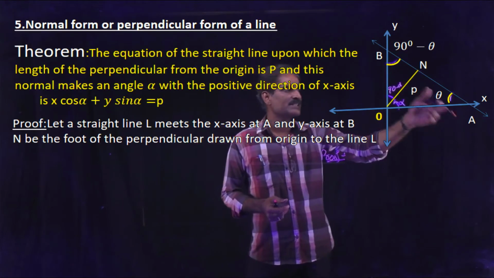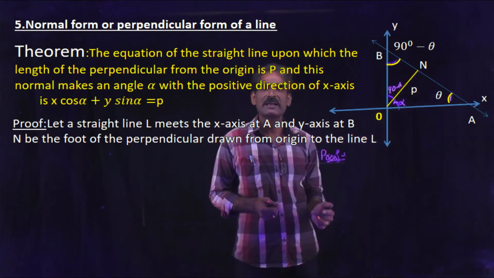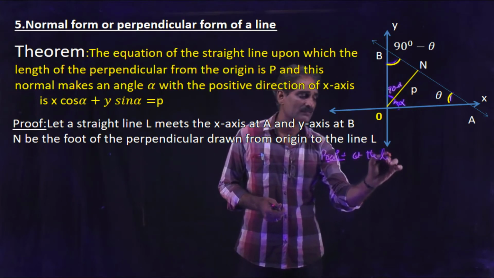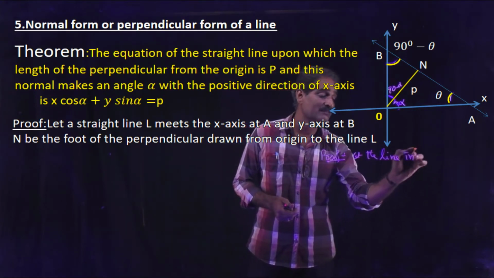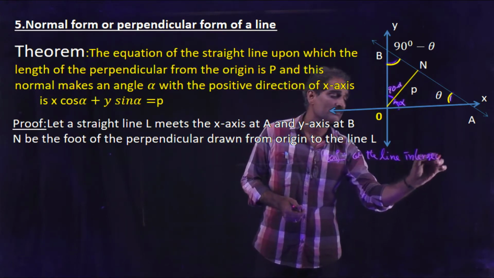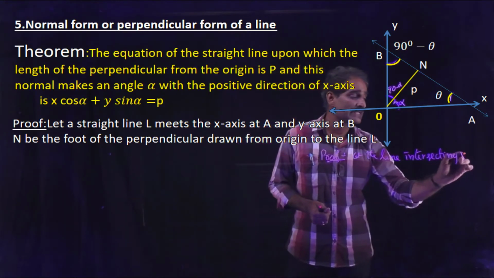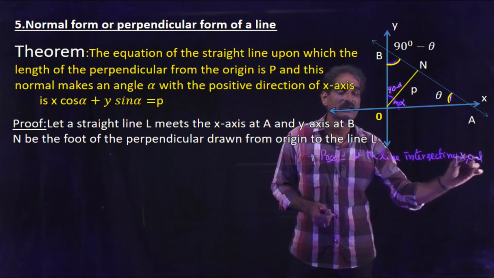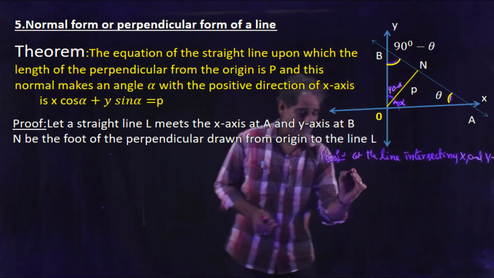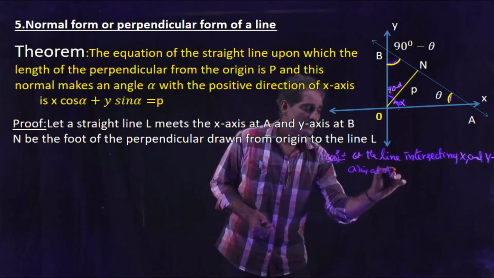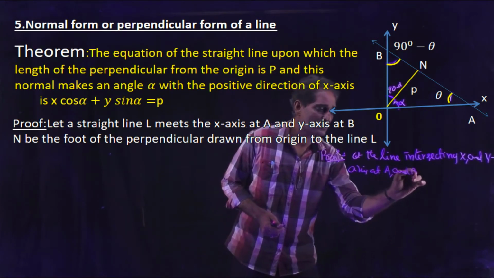This line intersects the coordinate axes at A and B. Let the line intersect the x and y axis at A and B respectively.